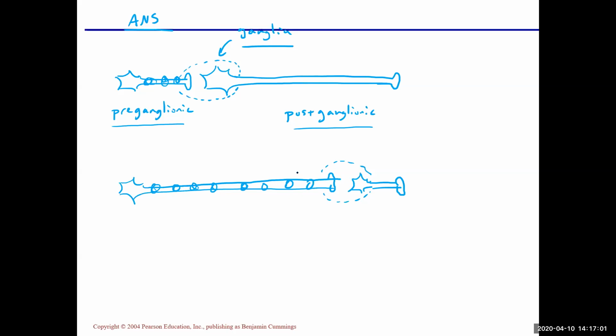Now, the neurotransmitters. The neurotransmitter between the preganglionic and postganglionic is always acetylcholine. So earlier we mentioned this, that is the same as the somatic nervous system. So these two happen to be acetylcholine. They're both acetylcholine.